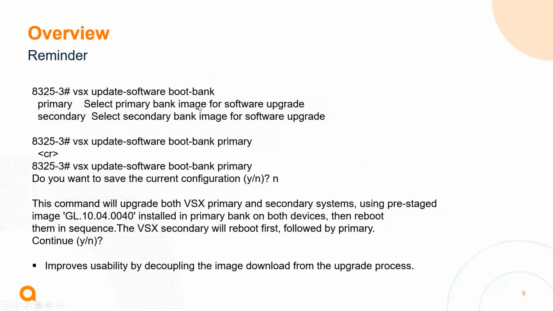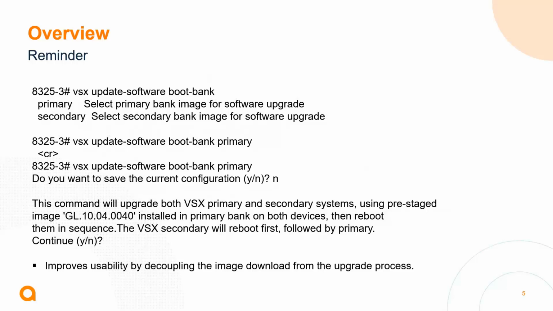Next, we added in a later release the boot bank capability for the software update command, with a pre-staged downloaded image on the flash. That is very practical for network operators to decouple the pre-staging of that firmware from the upgrade process itself.